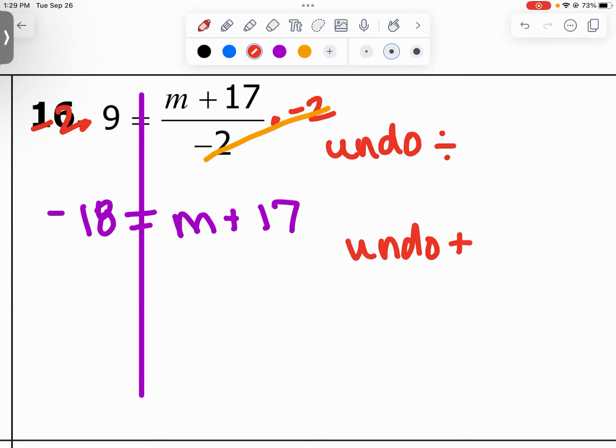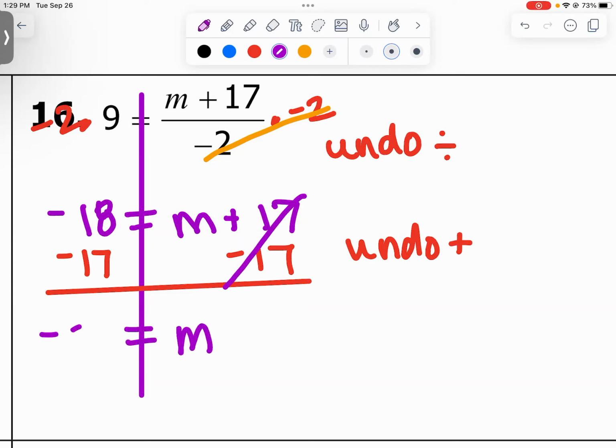Well, okay, so we're adding 17, so we need to do what? So we need to subtract 17. Good, so we have m equals -35.